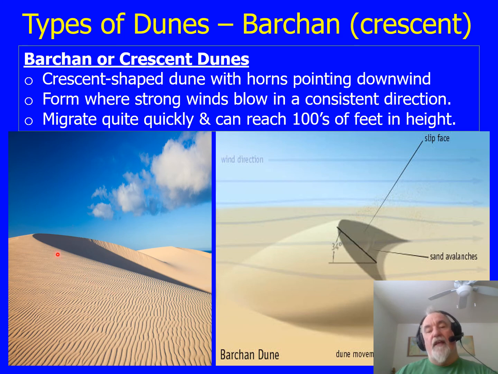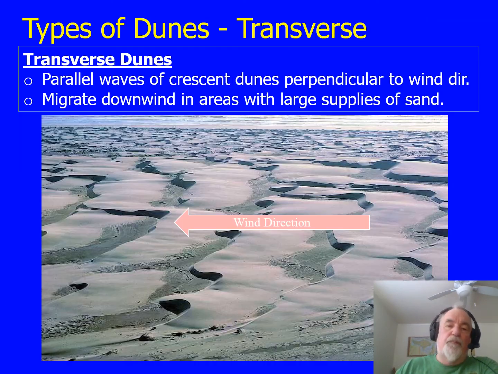Basically, a crescent dune has wind moving in one prevailing direction with a more shallow windward face and the slip face being much more steep. The wind is moving in this diagram from left to right. So the Barkan or crescent dune is probably the one you would think of the most when thinking of a sand dune.